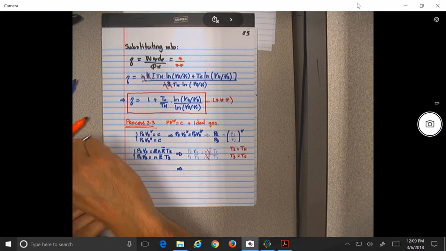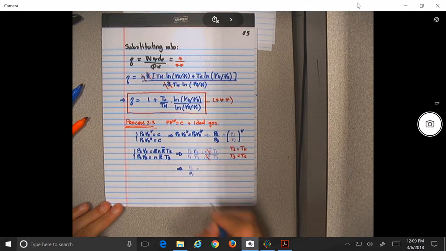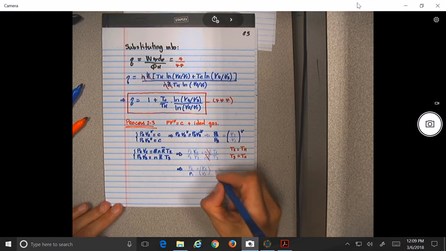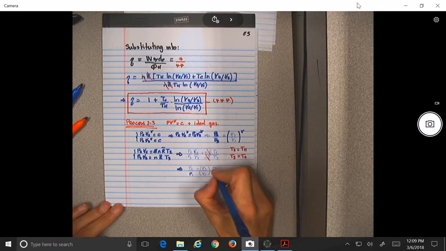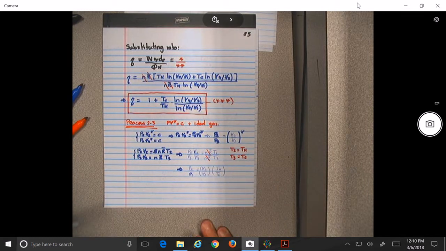From this one you can write that P2 over P3 will be equal to V3 over V2 times T hot over T cold.